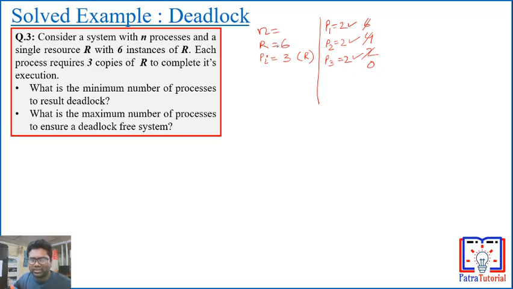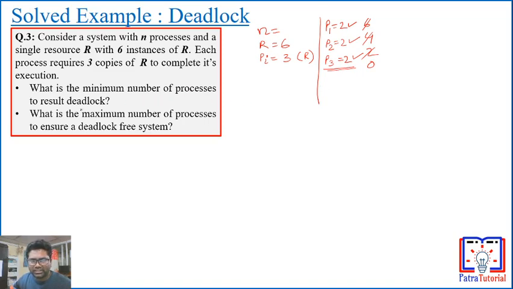Since we have 6 instances, all instances are allocated, and we don't have anything left in our hand. Now all three processes are waiting for the last instance. They need one more instance to complete their execution, and we don't have anything to allocate, so the system will definitely go to the deadlock state.